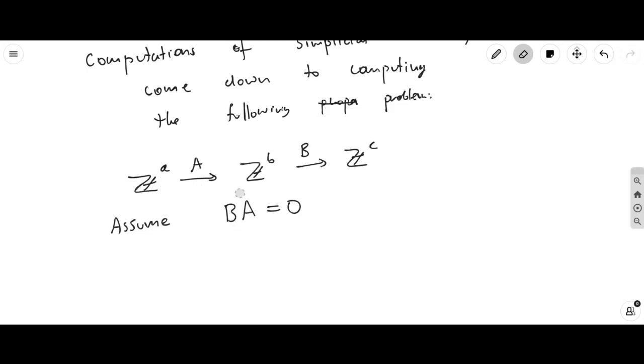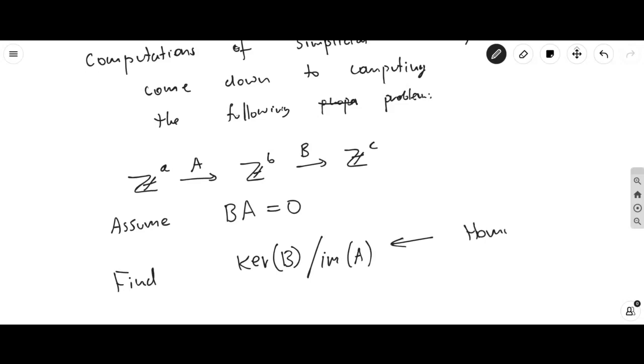So A goes first, B goes second. It's like doing the boundary map twice is 0. And you want to calculate the kernel of B modded by the image of A, right? And this is going to give you homology.